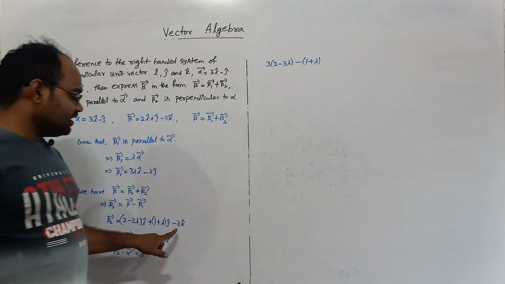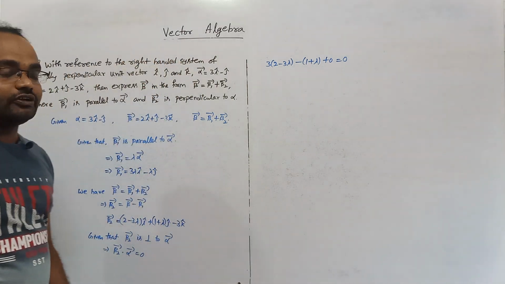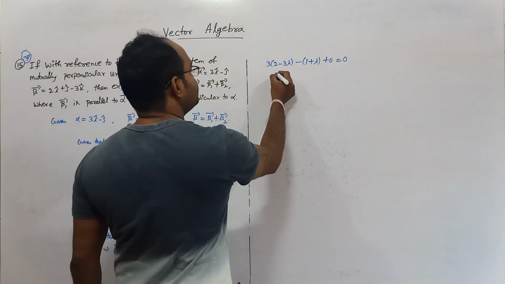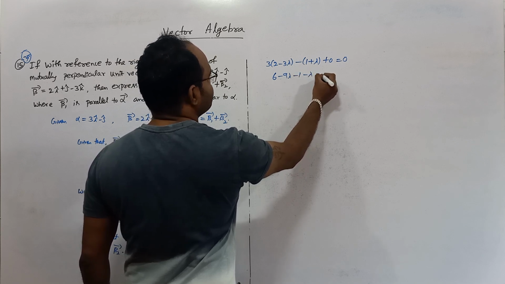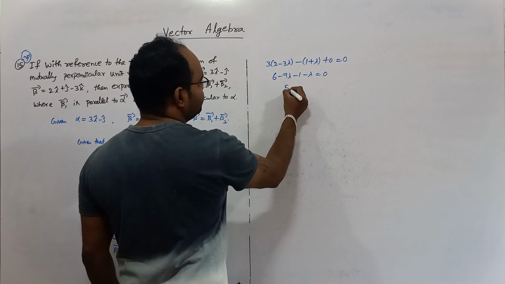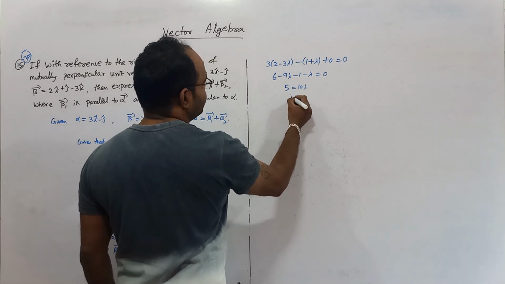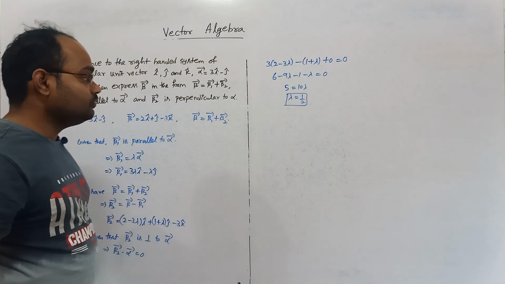There is no k component, so plus 0 is equal to 0. That dot product is 0. Let us calculate lambda: 6 minus 9 lambda minus 1 minus lambda is equal to 0. So 6 minus 1 is 5, equal to 10 lambda. Lambda is 1 by 2. We got lambda is 1 by 2.